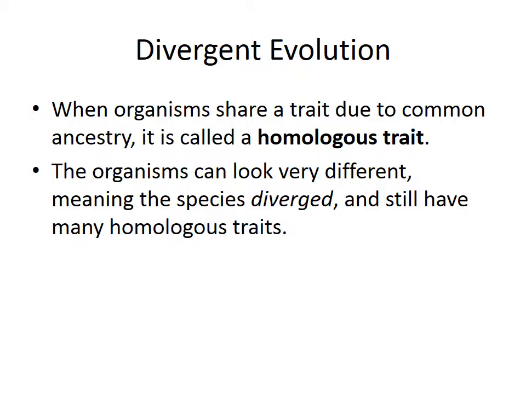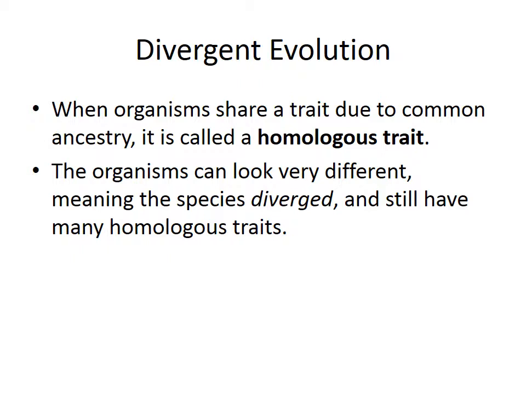So if we're talking homologous traits, we're talking evolution usually, but we can make the connection as like you and your cousin have the same shaped nose as your grandparent. That would be homologous between the two of you. Whereas if you and your friend who aren't related have the same kind of nose, that wouldn't be homologous. That's just a coincidence. Basically, homologous just means you have the same ancestor with that trait.